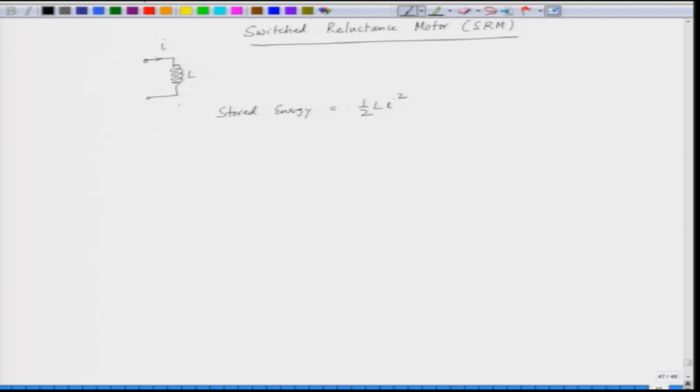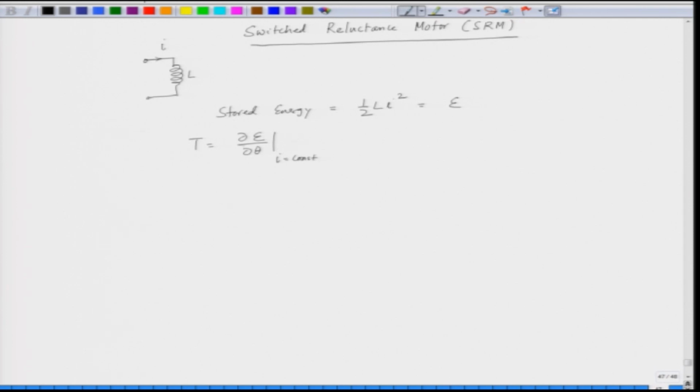Now, if the inductance is a function of the position, we can get a force or a torque. If you want to find out a torque here, with this energy E, the torque is given by the derivative of energy with respect to theta at constant current.